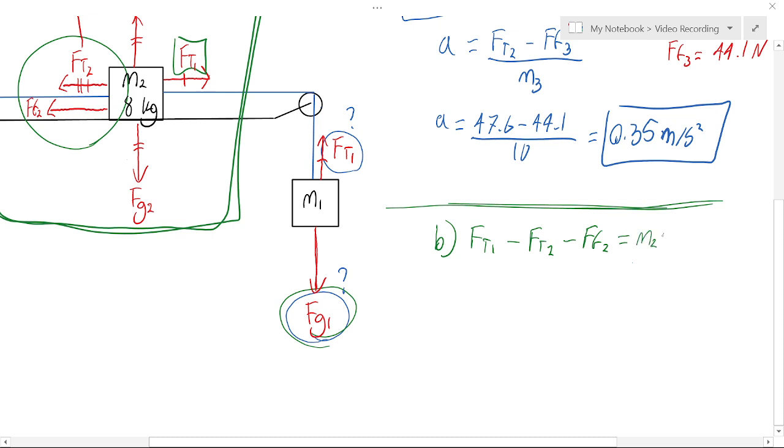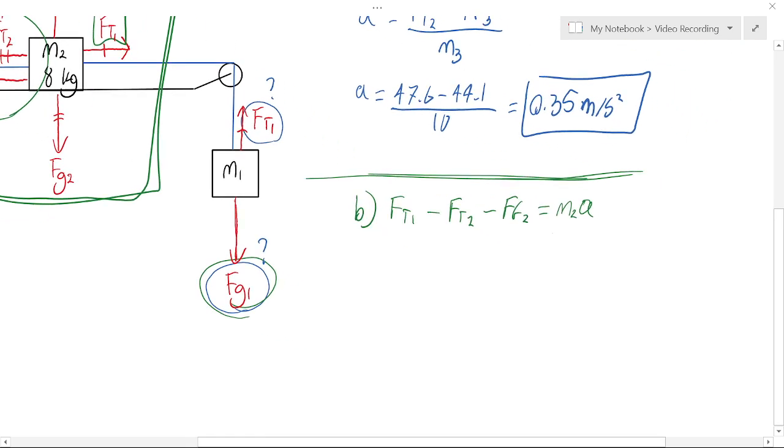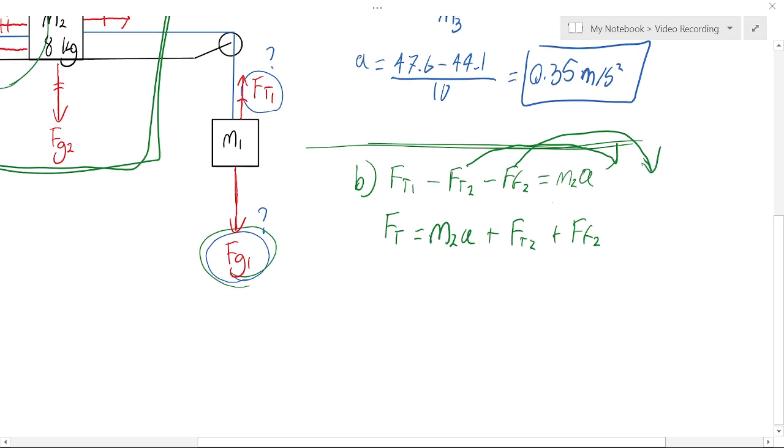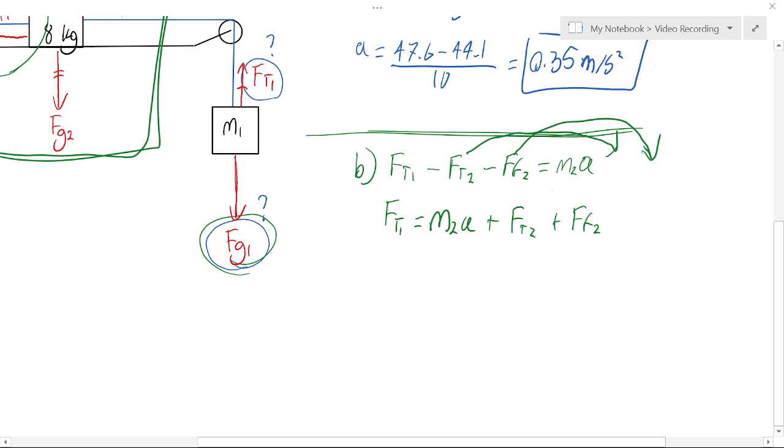And this is equal to M2 times A. And looking at our situation here, we're going to have to rearrange to say FT1 equals M2A plus FT2 plus FF2. So I'm adding this to this side and adding this to this side, and now I've isolated FT1.